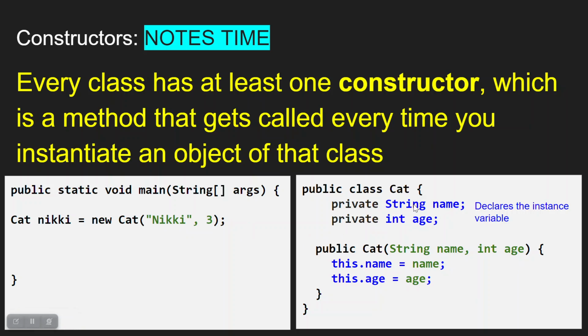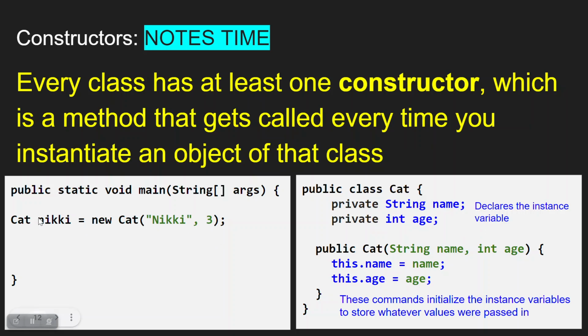Up here, we've got private string name, private int age. Here's where our instance variables are declared, but notice it doesn't say equals something. We're just declaring these variables. Down here, when you call this constructor, Nikki and 3 get passed in as name and age.